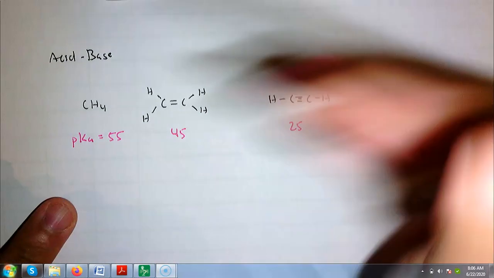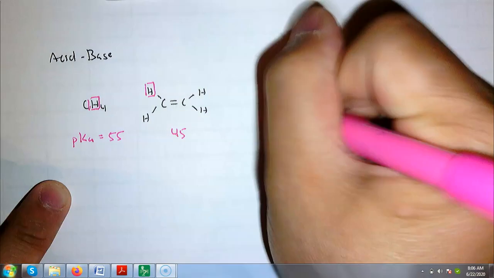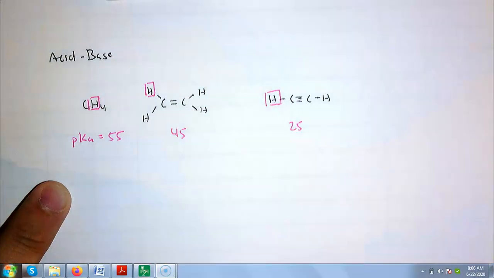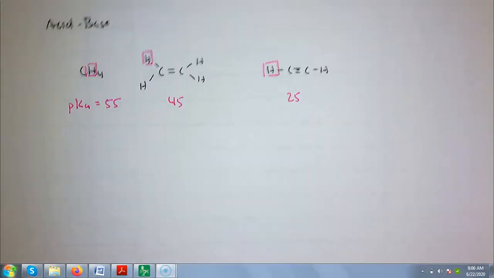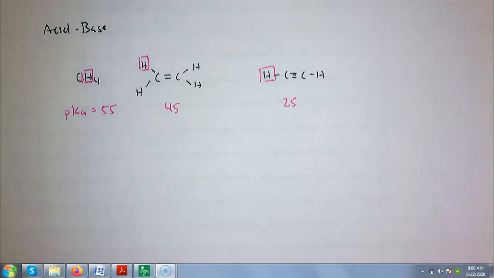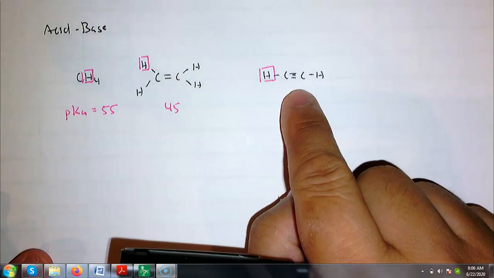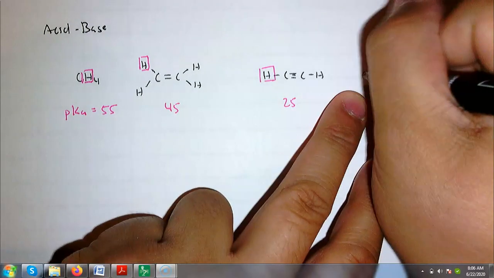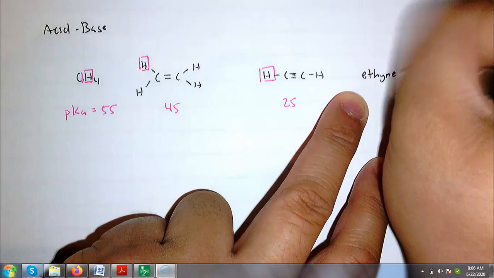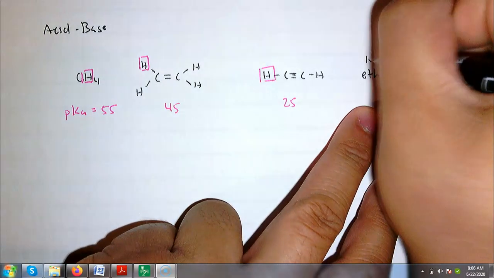So what are we doing? We're losing this proton that I'm putting in the square. Okay, any one of those protons. So let's deprotonate this alkyne. This is ethyne. I should have mentioned this. So the IUPAC name is ethyne.